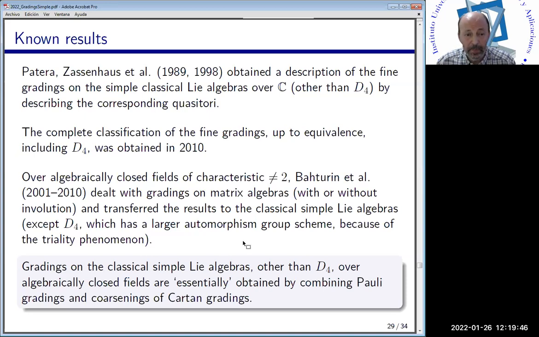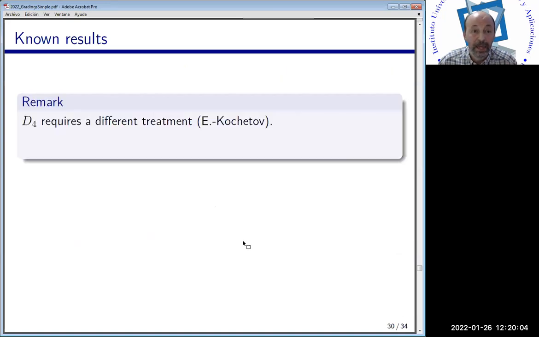So for algebraically closed fields, already over the real fields, the situation becomes much more involved, and the classification of the graded division algebras becomes much more complicated than over algebraically closed fields. But D4 requires a different treatment, and this was done a few years ago together with Koshetov.